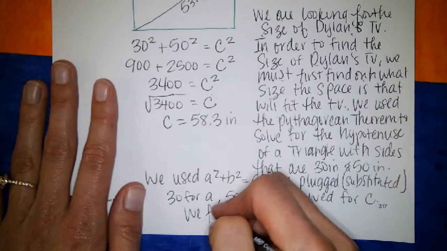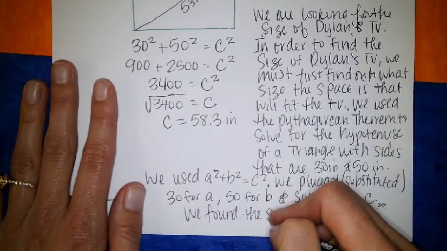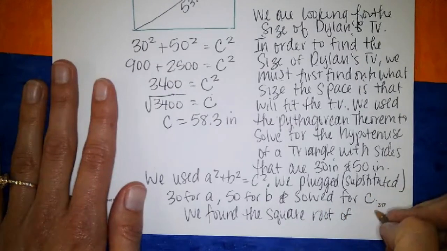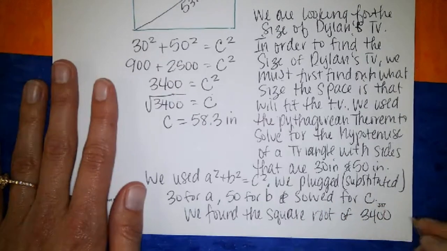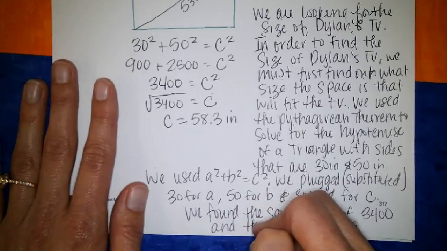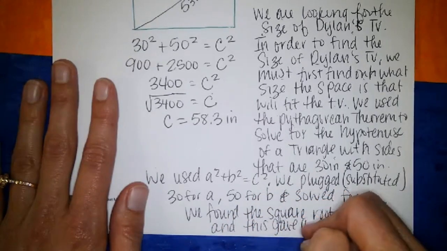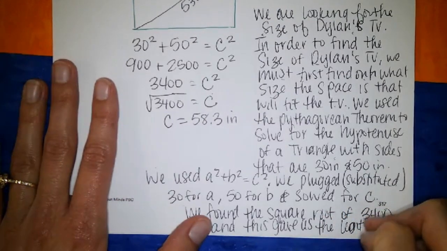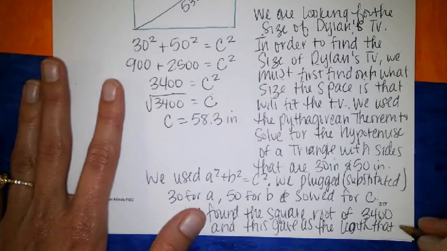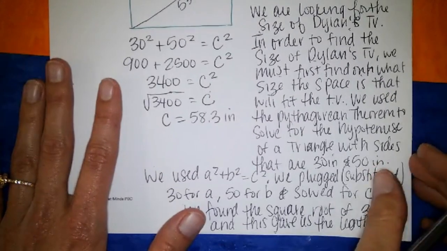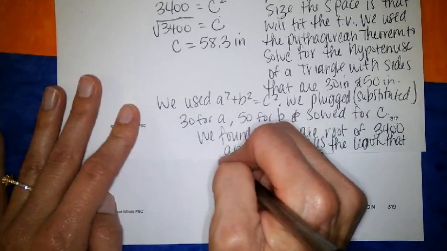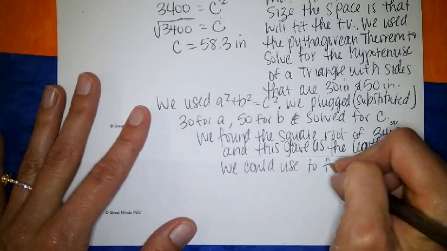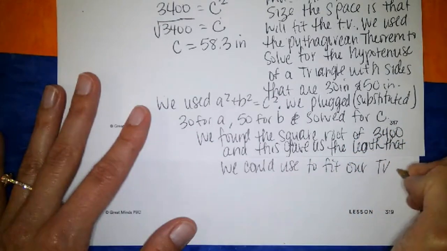We found the square root of 3,400, and this gave us the length that we could use to fit our TV in.